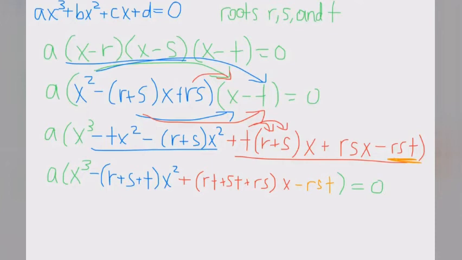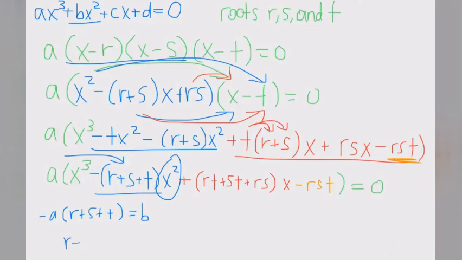So again, we find some patterns. This blue part, can't forget to distribute the a, but this would be negative a times (r plus s plus t) equals, and this term is x squared, so that corresponds to b. Therefore, the sum of all three roots is negative b over a, which is similar to what we had previously in the quadratic equation.